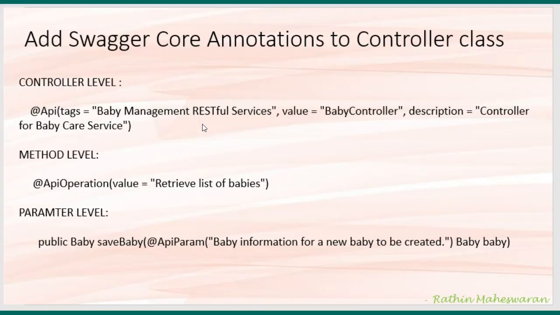Next interesting thing is we can add Swagger annotations to the controller class. We have 3 levels: controller level, method level, and parameter level. We will add all these levels into our existing controller and see how our Swagger UI turns out.